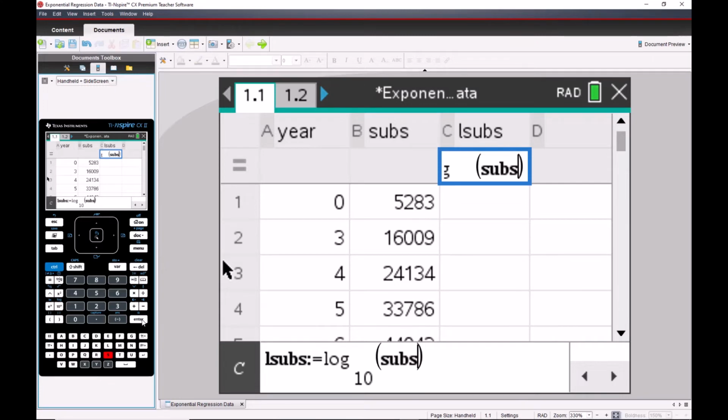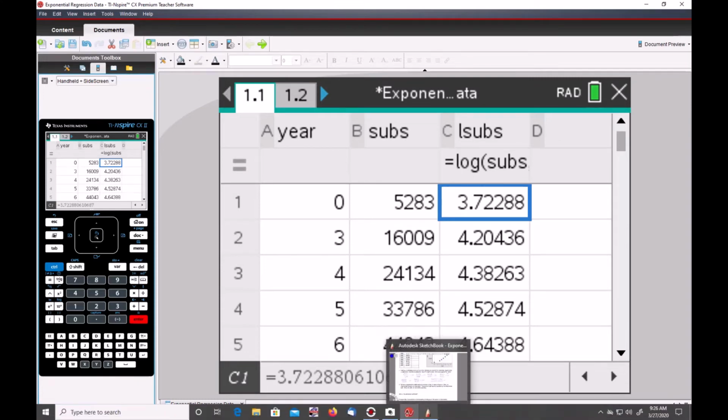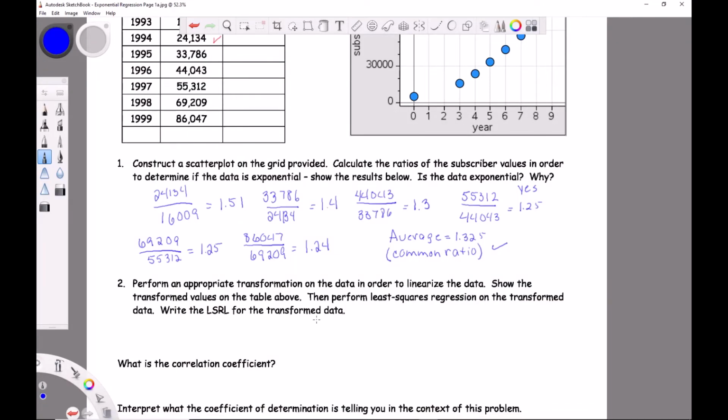Hit enter. And those are the logarithmic values for the number of subscribers, okay? And I think we're supposed to record those, perform an appropriate transformation, and show the transformed values in the table above. That would be this table up here.